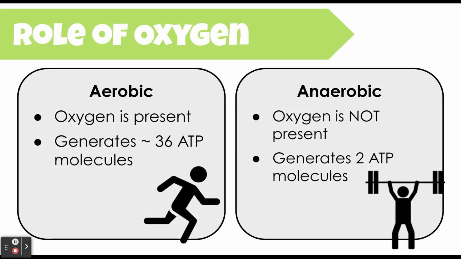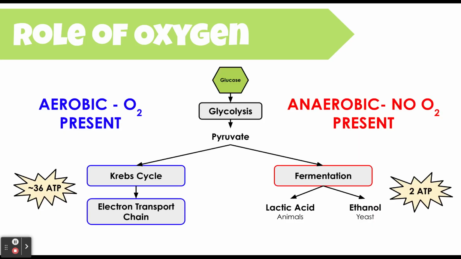So, if we compare aerobic and anaerobic cellular respiration, all of these processes need glucose as that starting molecule. Then that glucose goes through glycolysis to generate pyruvate. But this is where we branch off and two different reactions will occur depending on whether oxygen is present or not.